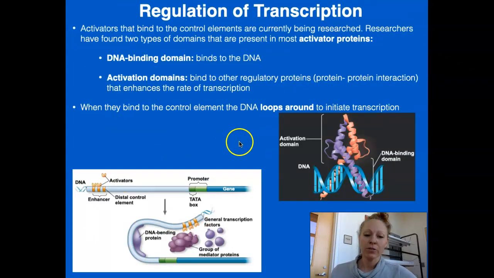These activators that attach onto the distal control elements, if we look very closely at them, have two domains. They're under research right now, but it is understood that there are two domains. One domain right down here is the DNA binding domain, the part of the protein that's going to bind to the DNA.